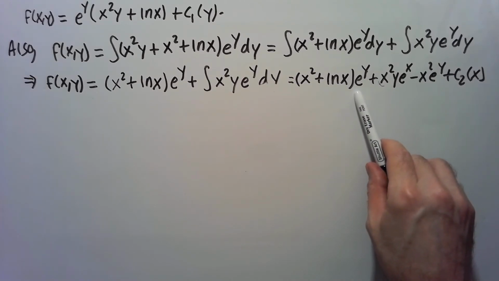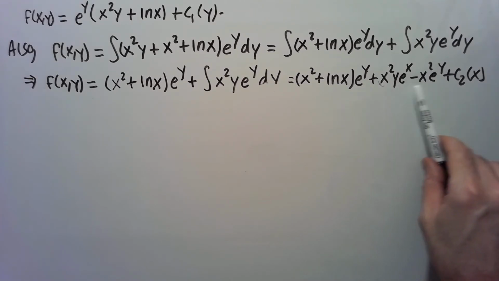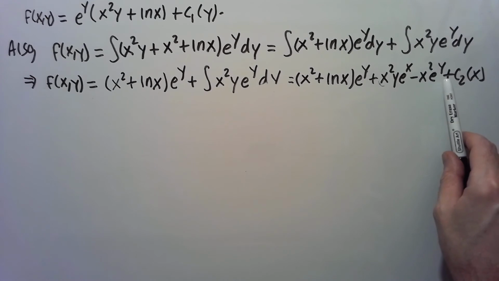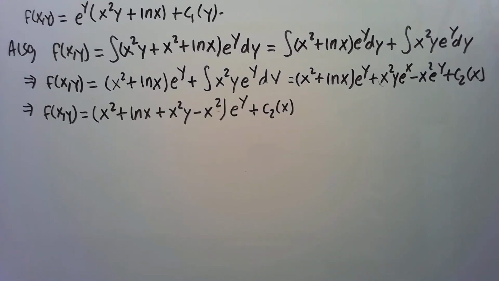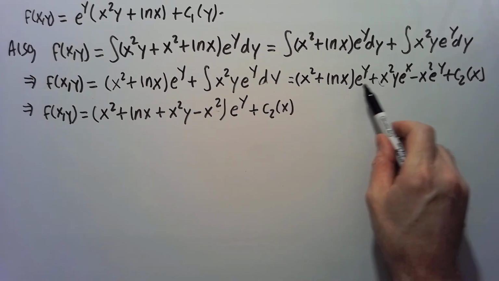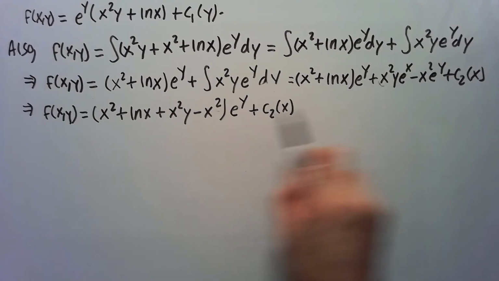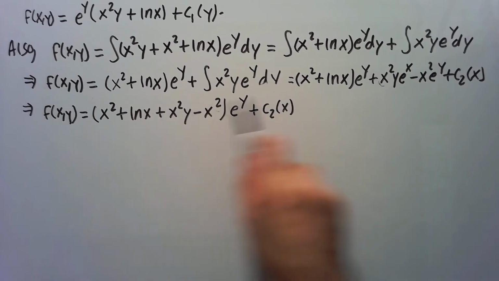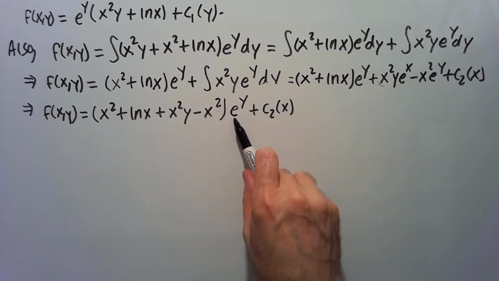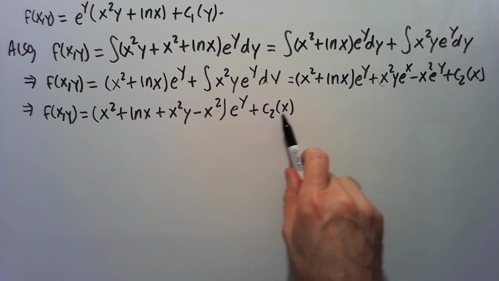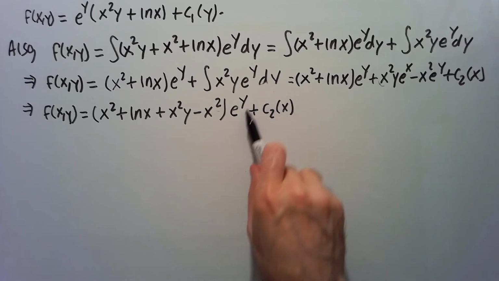Now I'm going to pull e to the y out of this, this, and this on the right. So doing that we get then, factoring the e to the y out of these terms, you have your x squared ln of x squared y minus x squared, all times e to the y. Then you still have your c2 of x, so again this is some function of x here.